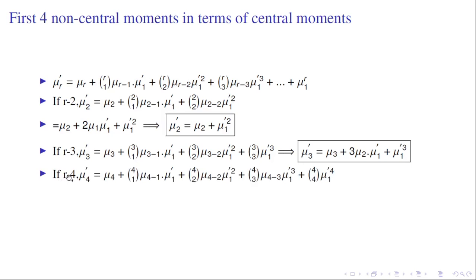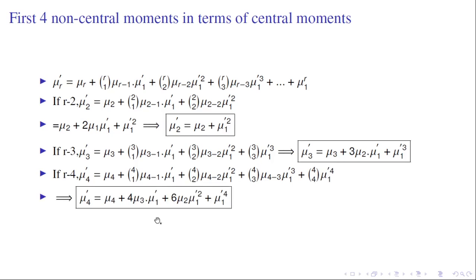Similarly, if r = 4, μ4' = μ4 + 4C1 μ3 μ1' + 4C2 μ2 μ1'^2 + 4C3 μ1 μ1'^3 + 4C4 μ1'^4. Here the μ1 term vanishes.